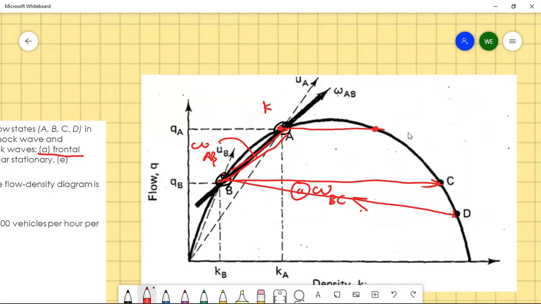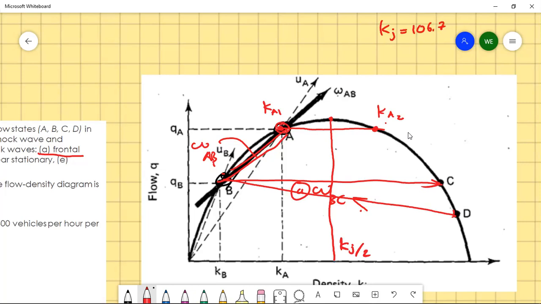We have KA1 and KA2. This one is uncongested. This one is congested. The congested level or threshold is here. That's K jam over 2. What was K jam here? K jam was 106.7.